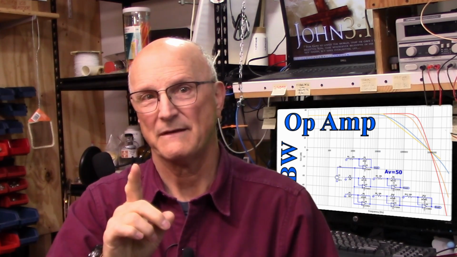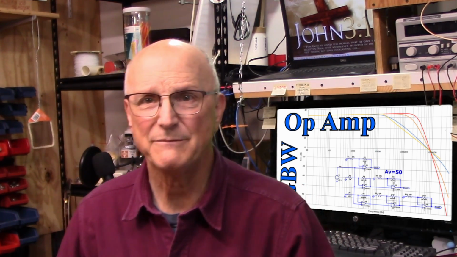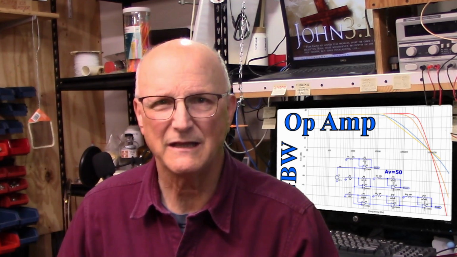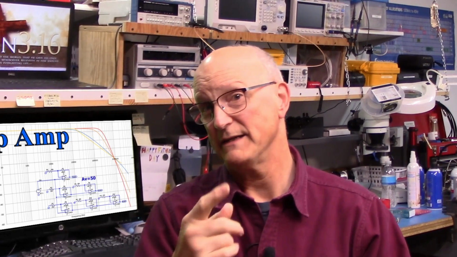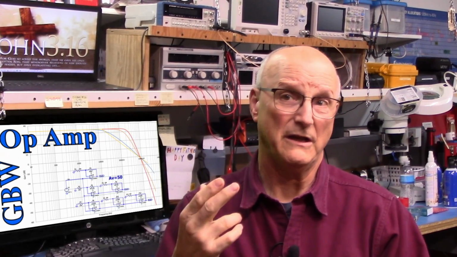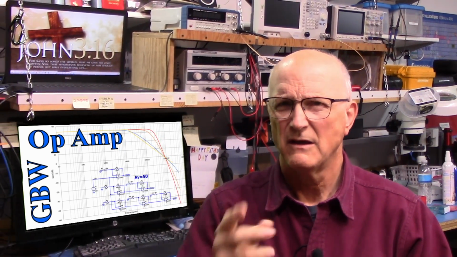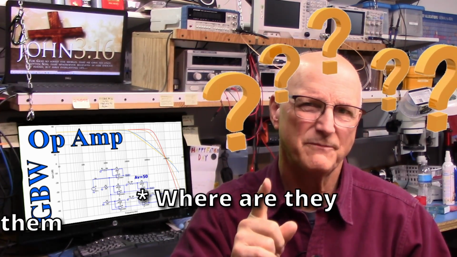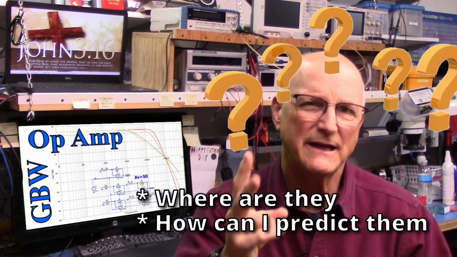Now that we have our first limiting factor in hand, we have to consider the frequency limitations of the op-amp. Every single circuit in the world has its frequency limitations, either by design or by the constraints of physics. The question is, where are these limitations and how can I predict them?